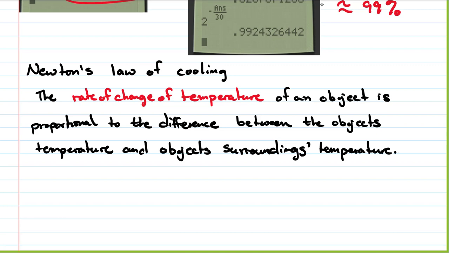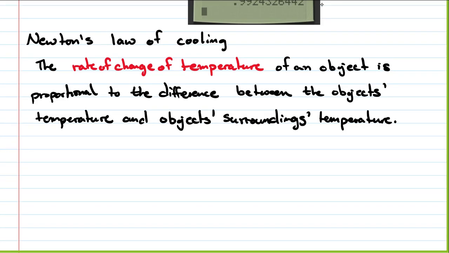All right, so it says the rate of change of the temperature of an object is proportional to the difference between the object's temperature and the object's surroundings temperature. So what does that mean? That means that the derivative, the rate of change of the temperature of an object, so capital T. Oh, before I do that, I should define that. So let capital T be the temperature of the object.